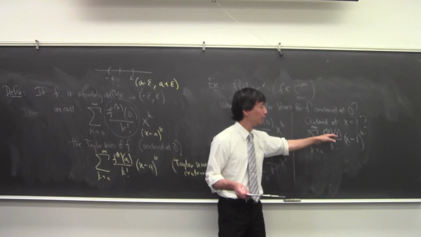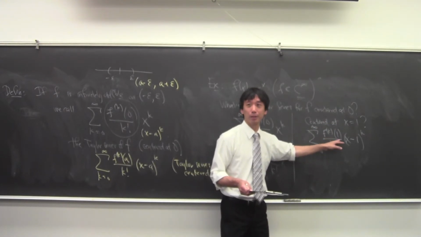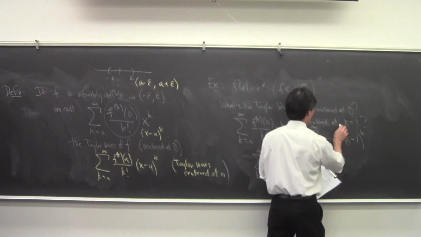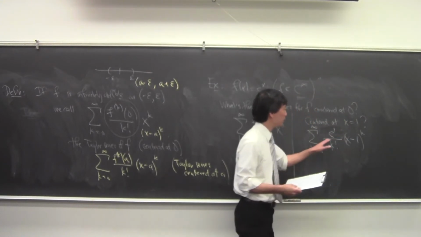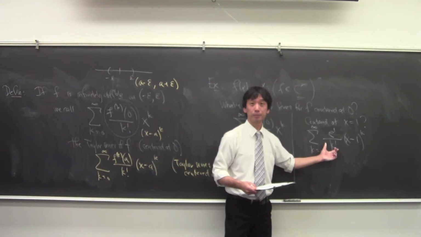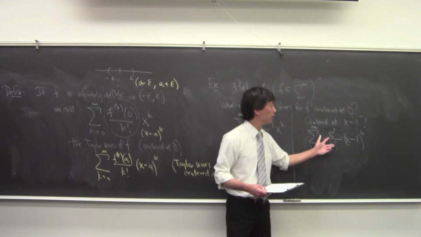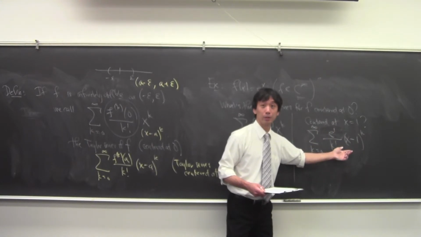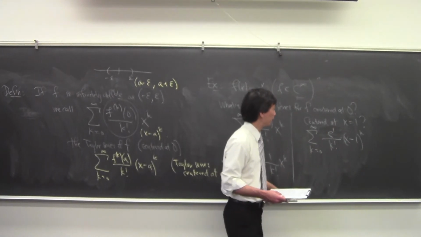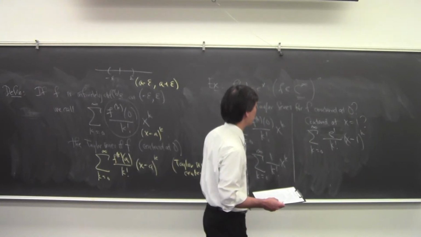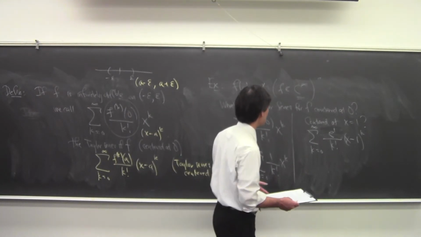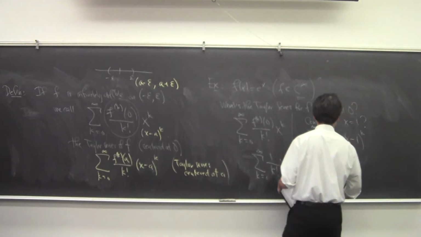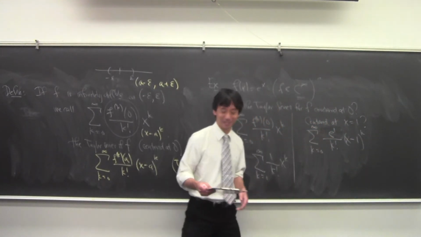You evaluate it at 1, you get e to the 1 every single time. So the Taylor series centered at 1 for e to the x is just e times the summation of (x minus 1) to the k over k factorial. This is it.